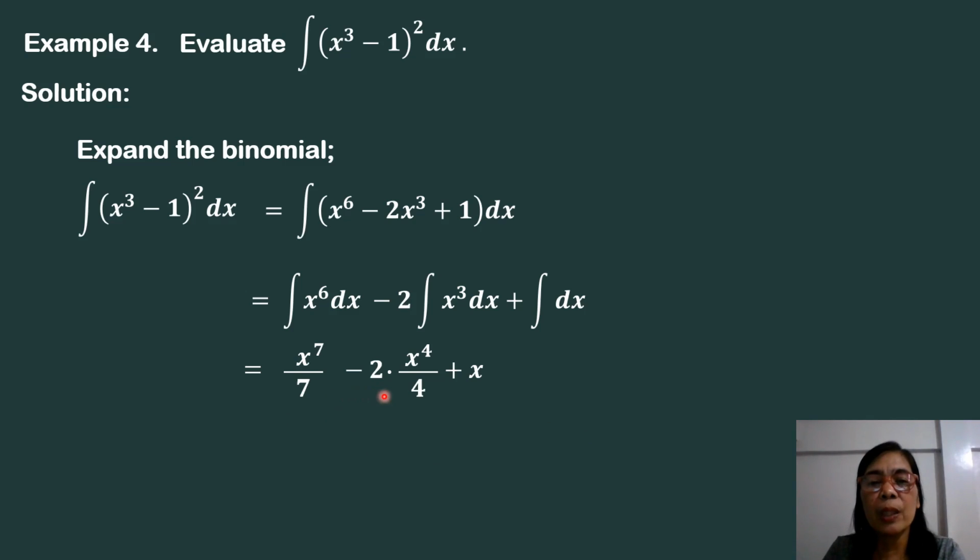Since we have already eliminated all the integral signs, we add the arbitrary constant c. So we just simplify the function for the final answer, plus x plus c. To check if this function is correct, you just differentiate the final answer, and I hope you will be able to find its differential equal to the given integrand.